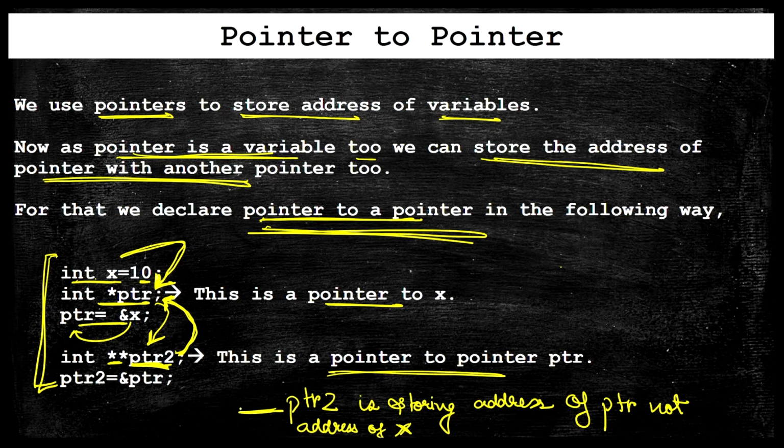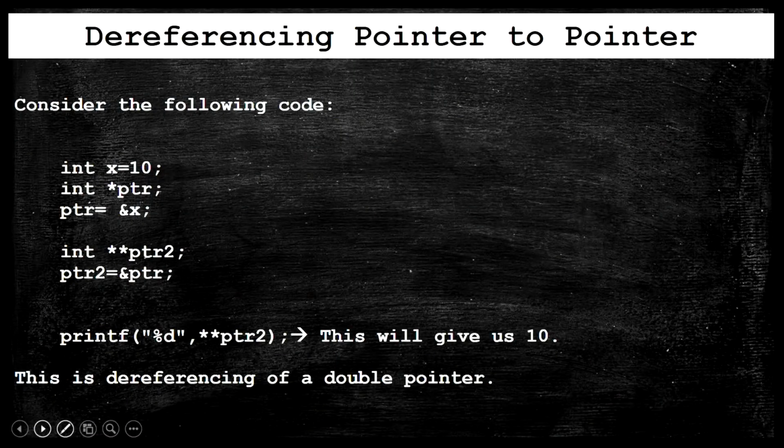And what is ptr2 over here? You can call it a pointer to pointer. ptr2 is a pointer because it is storing the address of a pointer. Right? So in this way, we learn about pointer to pointer. Now, let's consider the following code.